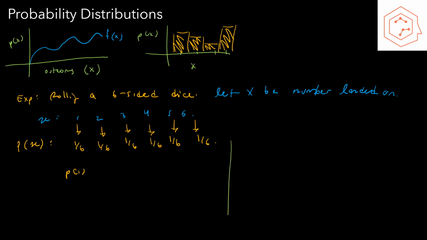So when I graph this, it's a discrete variable, remember, because each adjacent value has a gap of 1 in between. I can't roll a 1.5. I can only roll a 1, a 2, or a 3, and so on. So when I graph this, I'll draw a bar graph all the way to 6, and on my y-axis, all my probabilities are going to have heights of 1 over 6.